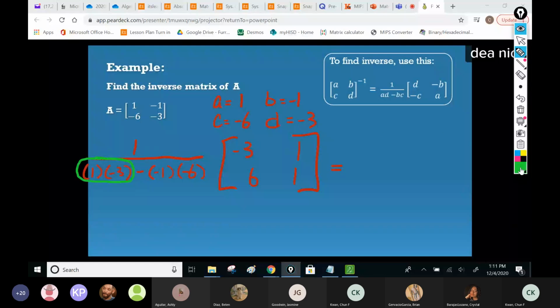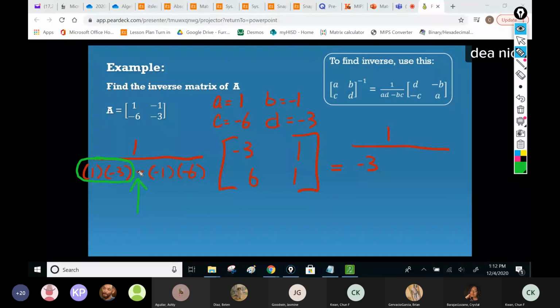1 times negative 3 is going to be negative 3. And then I want you to leave the negative sign alone for now, all right?